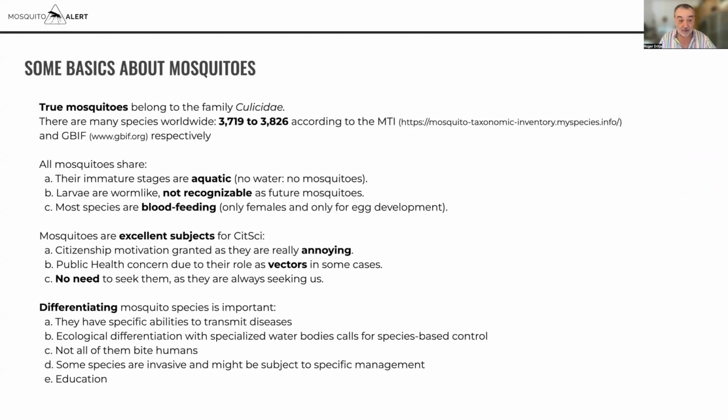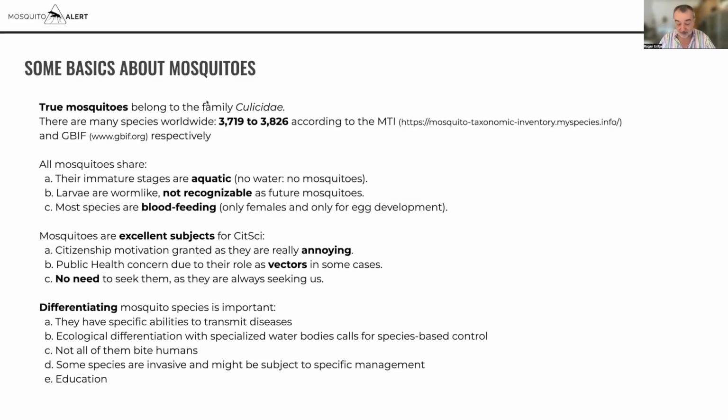Mosquitoes are very nice subjects for citizen science because motivation is guaranteed. As you know, mosquitoes are really annoying, and that makes them a very social subject. They are a community issue most of the time, and they carry a lot of cultural assets. Public health concern is also high because some species in some situations can transmit really serious diseases to humans and to animals as well.